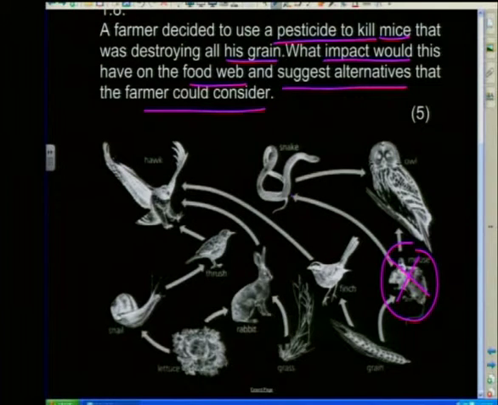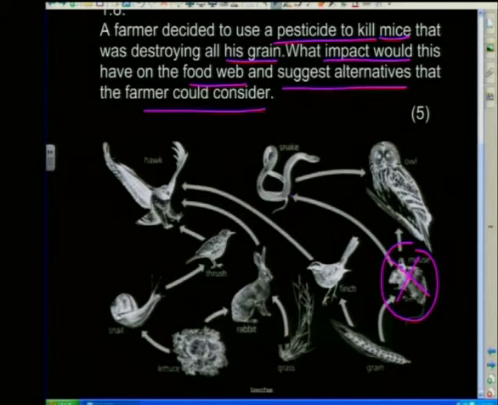And we need snakes because they are the natural predators of mice, and they control the number of mice in the wild. The owl population would decrease, and we need owls because they play a very important role as natural predators to mice and many rodents. So what advice would you give the farmer?